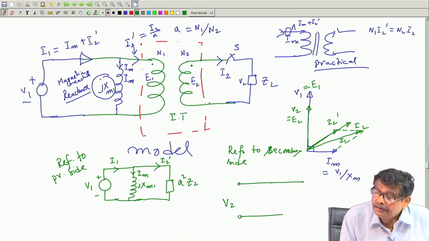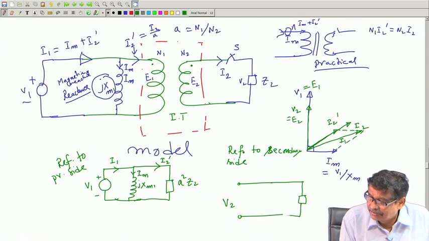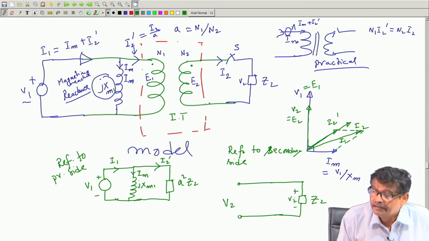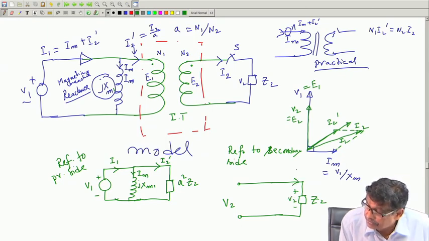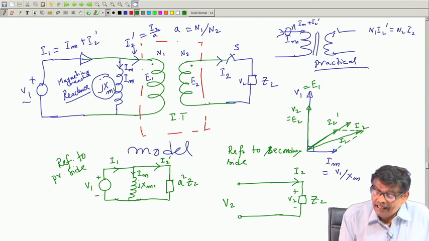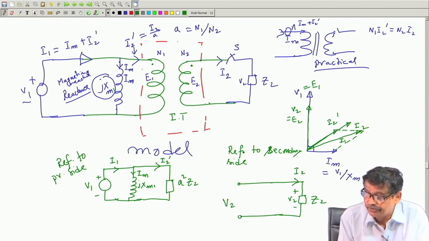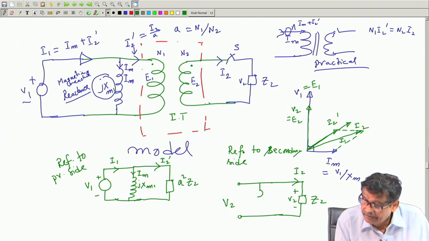This will be Z2, secondary things I should not disturb, they are already there, Z2. This voltage is V2, this current is I2, I will show it. And this fellow, the transfer of impedance from this to that side will be X m 1 dashed.